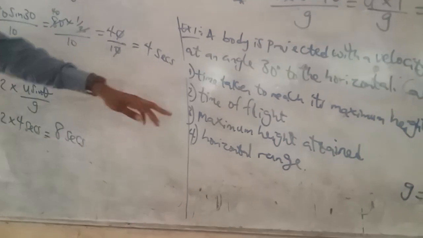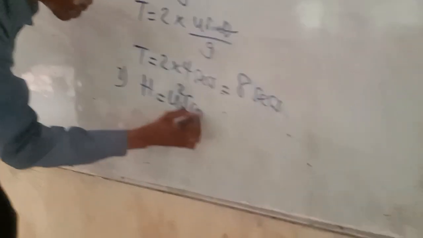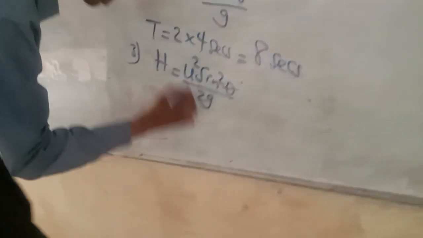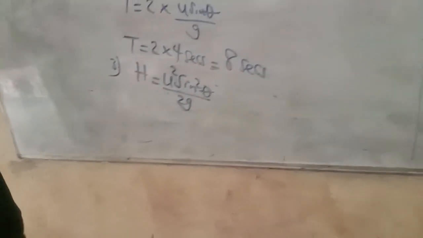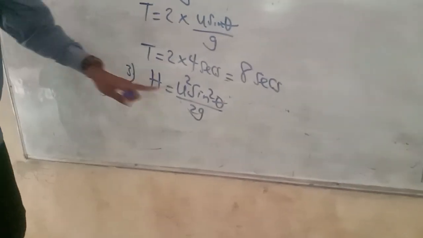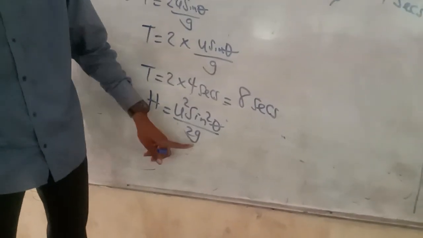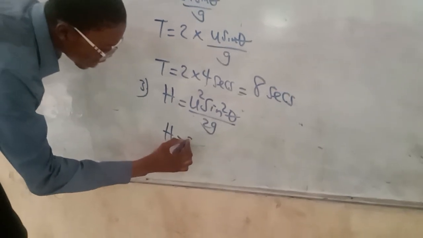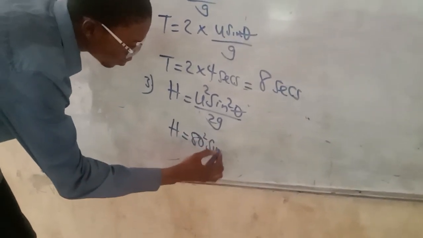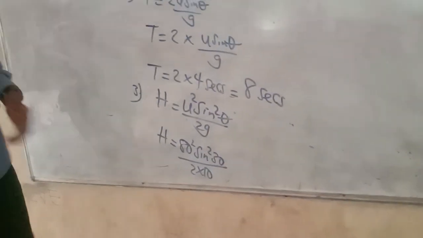Now, let's go to the third question. We are going to find our maximum height. Now, our maximum height is what? H equals u squared sine squared theta over 2g. Now, let's use this formula to find our maximum height. Since we know our u as 80, our angle is 30 degrees, and our g is 10 meters per second squared, our h will now be 80 squared sine squared 30 over 2 times 10.